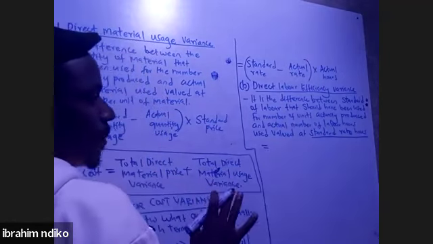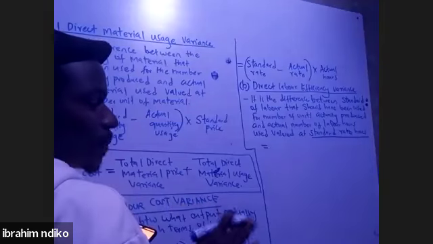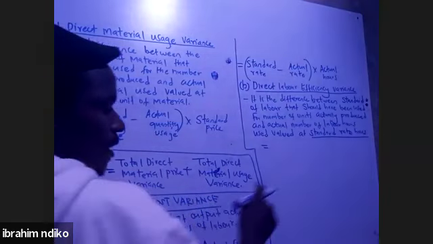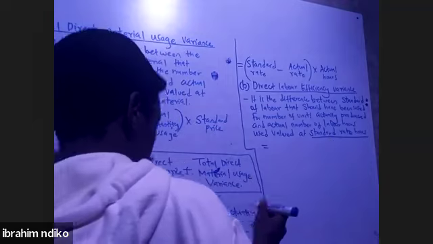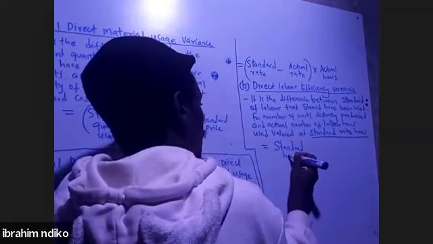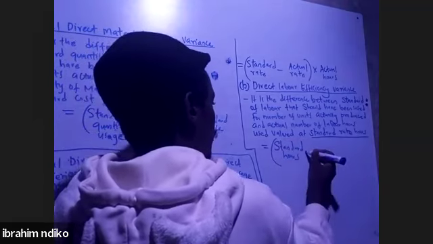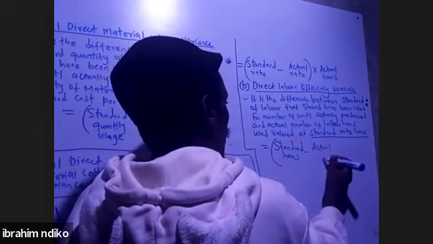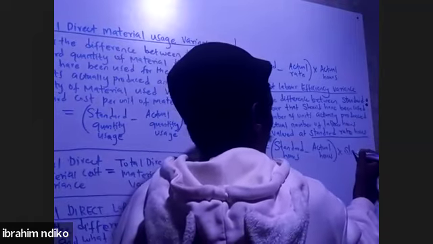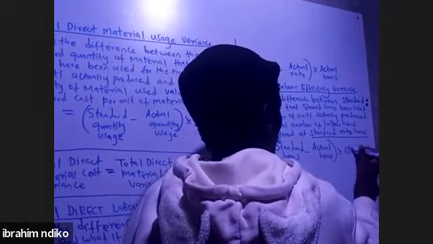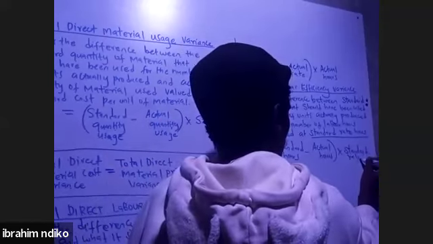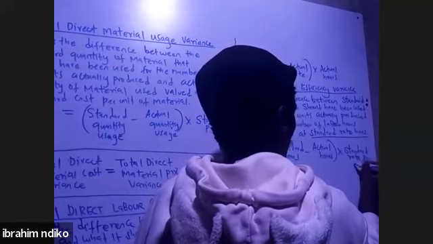So the difference between the standard labor hours, that is the expected ones, and the actual labor hours, but it's valued at what rate? The standard rate. So standard hours, you multiply with actual hours, then valued at the standard rate per hour.